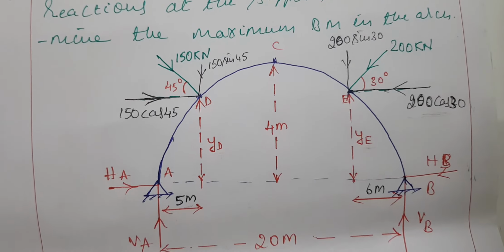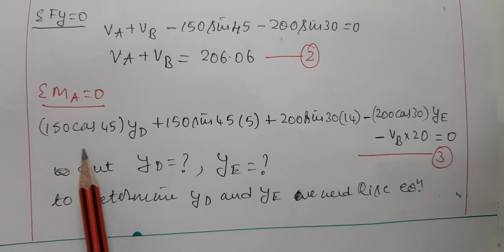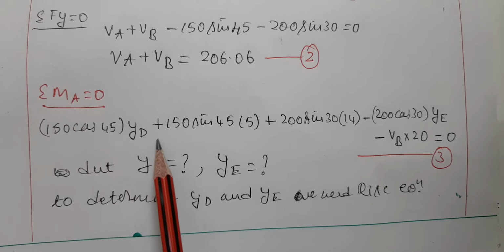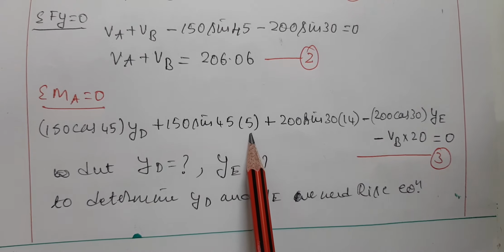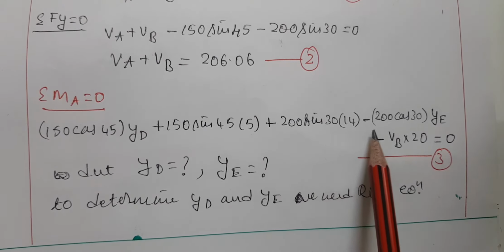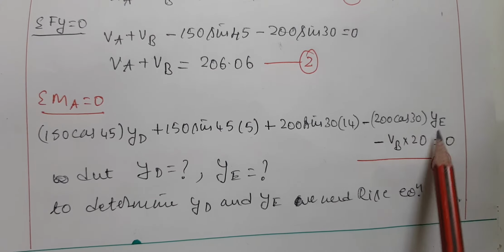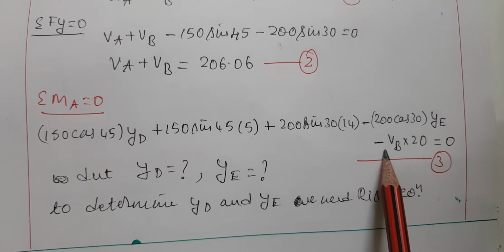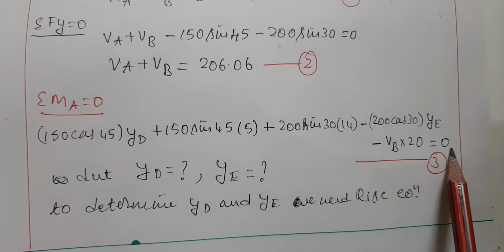So these two are negative, the remaining are positive. See here, the equation is as follows: 150 cos 45 into YD plus 150 sin 45 into 5 plus 200 sin 30 into 14 minus 200 cos 30 into YE, and once again minus VB multiplied by 20, will be equal to 0.